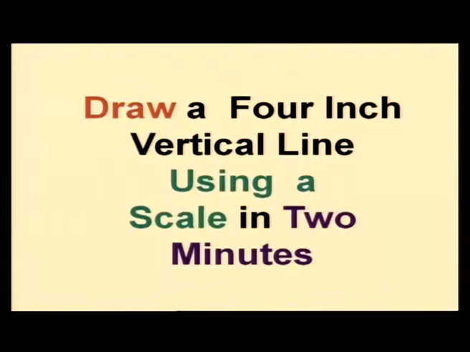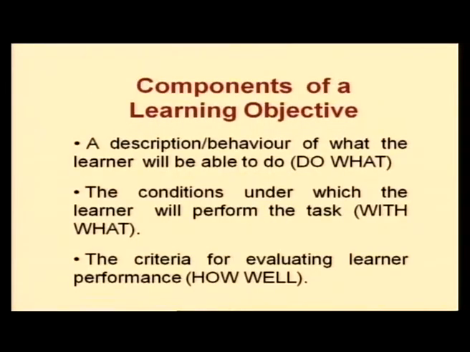Now, if I go back to the example, draw a 4-inch vertical line using a scale in 2 minutes, you will see all 3 components in that objective: a description, the condition, and the criteria. Those are the 3 main components when we write a learning objective.